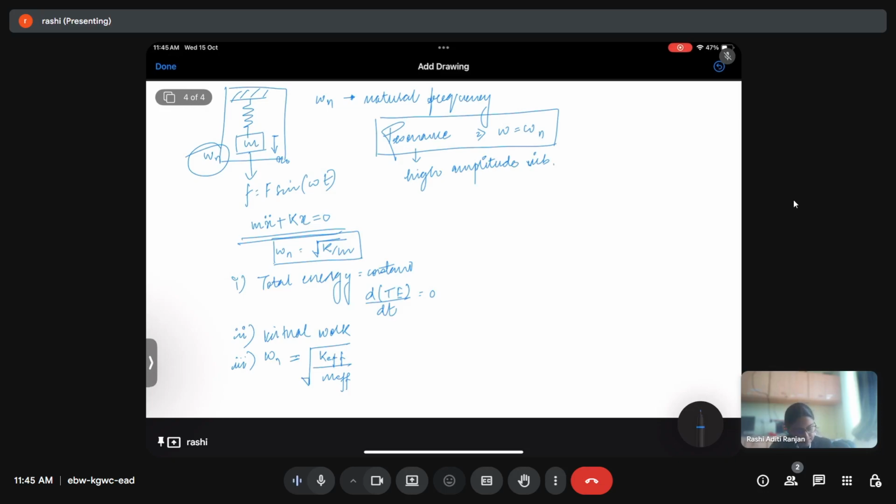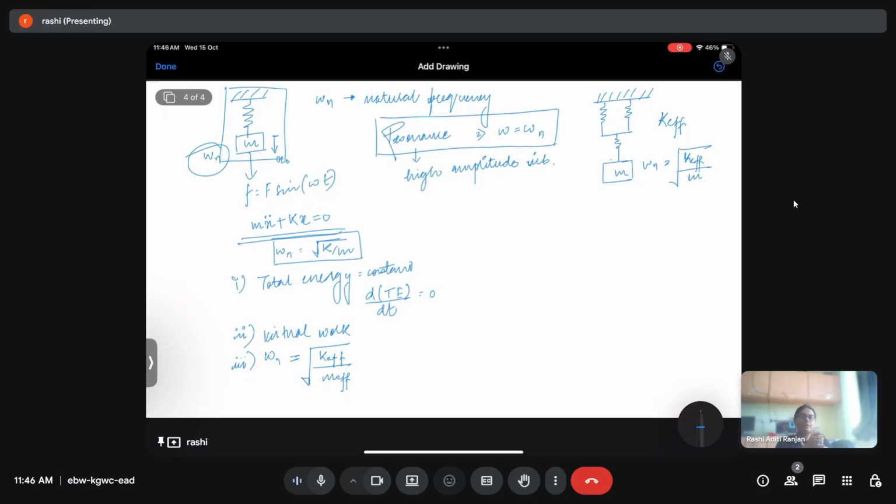How? Like for example, we have two springs in parallel, then one in series, and then the mass is attached like this. So either we'll have to just solve the equation of motion, or we can just use the concept of finding the effective stiffness for the spring in parallel and spring in series, and we get the k effective and write the omega n as under root of k effective by m, right?